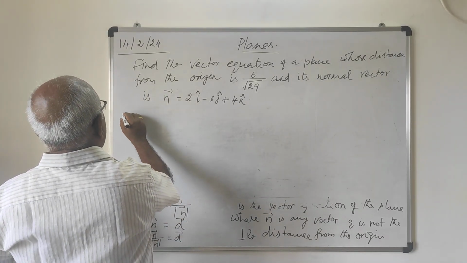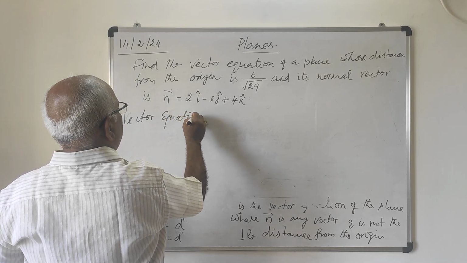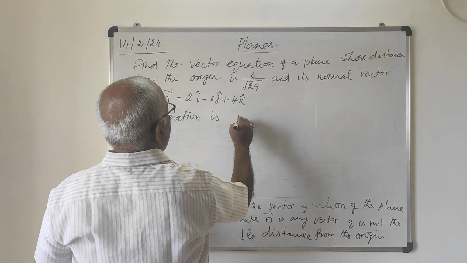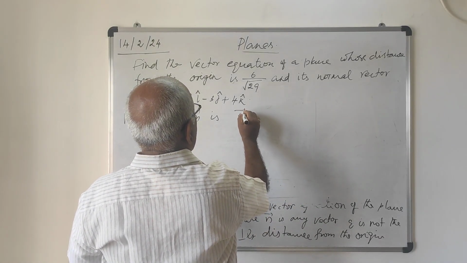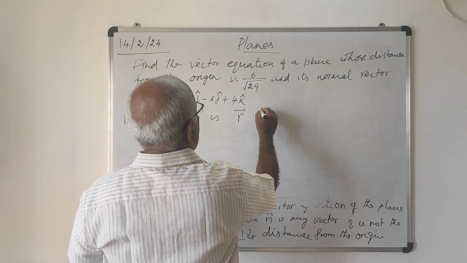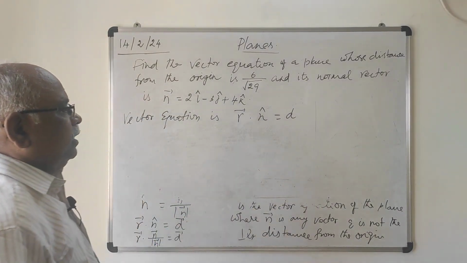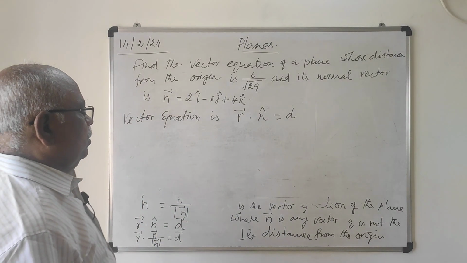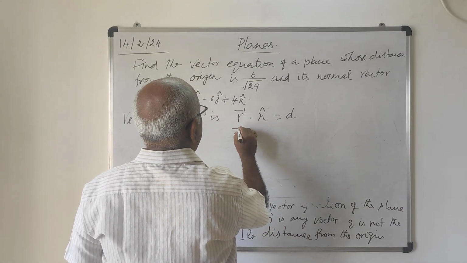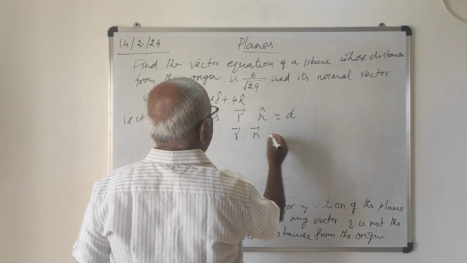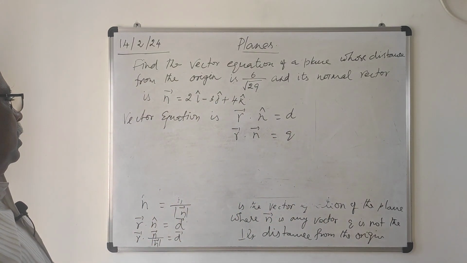You know the formula of the vector equation of the plane is r dot n cap equal to d. This is the vector equation of the plane in normal form. And when n is any vector, it is given by r dot n equal to q.